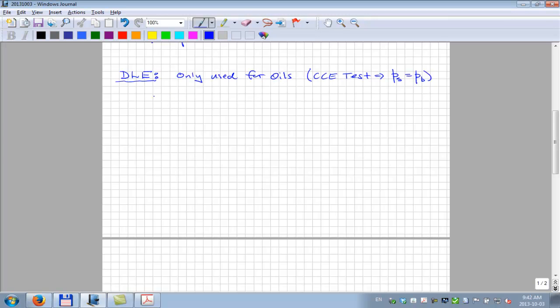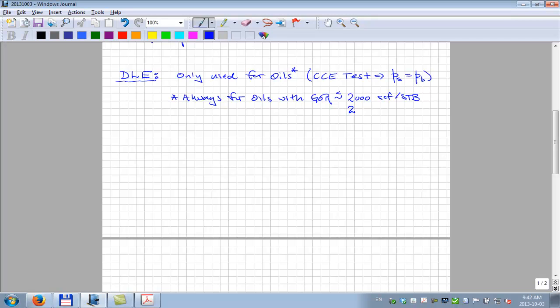When I say gas-oil ratio, I mean the simplest of all gas-oil ratios. You just flash it to standard conditions, okay? The single-stage GOR.